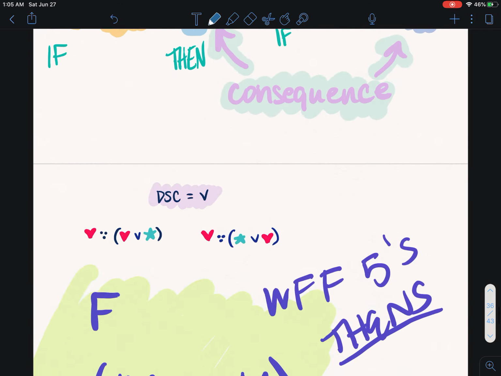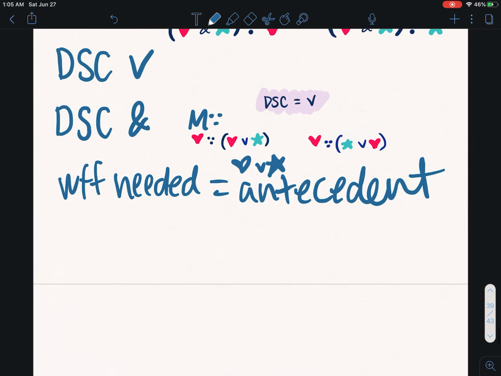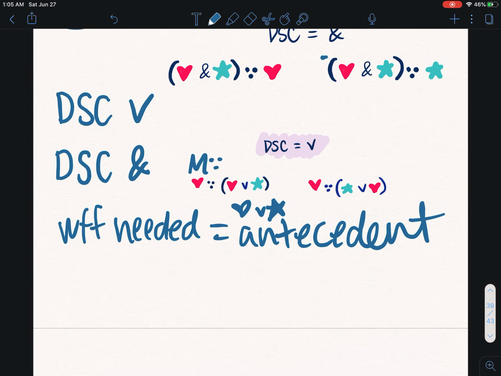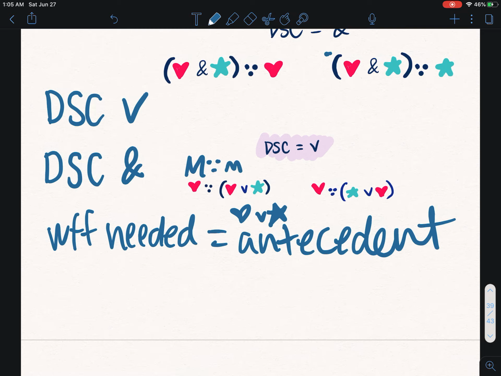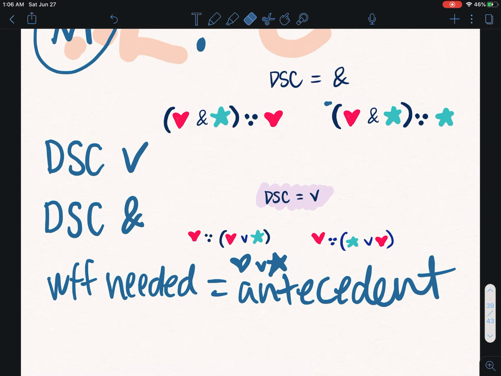Because it matches this format. It's the only one. So this one is a no-go.